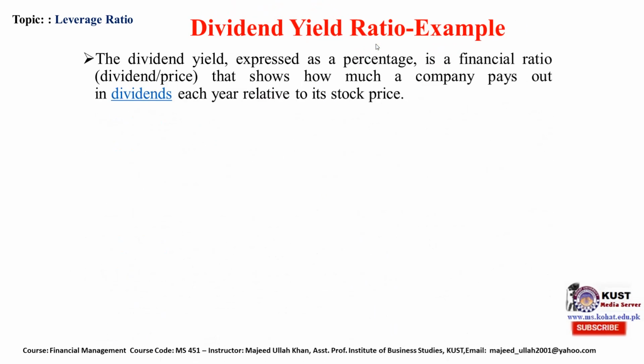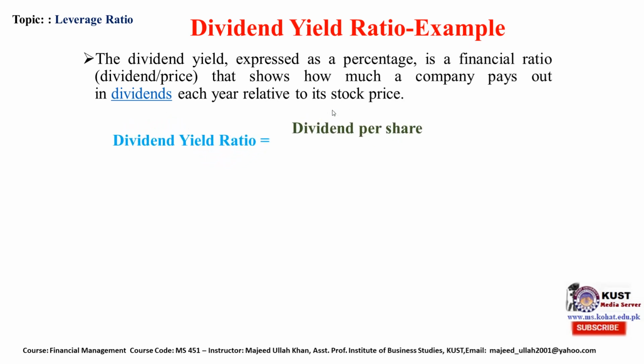Dividend yield ratio. The dividend yield ratio, expressed as a percentage, is a financial ratio: dividend divided by market price. It shows how much the company pays out in dividends each year relative to its stock price.